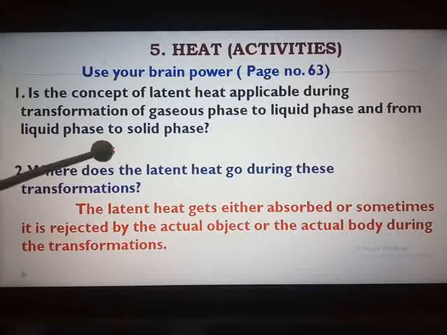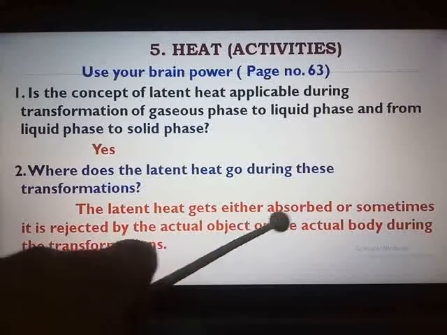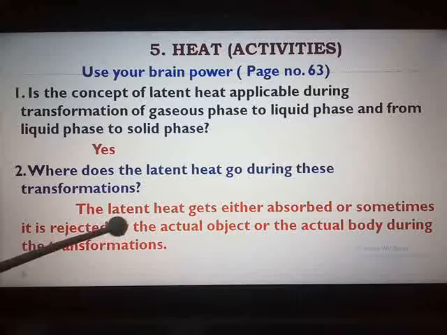It either gets absorbed or sometimes it is given out or rejected by the actual body during the transformations. In very simple words you have to give the answer: the latent heat is either absorbed or given out by the actual object during these transformations.